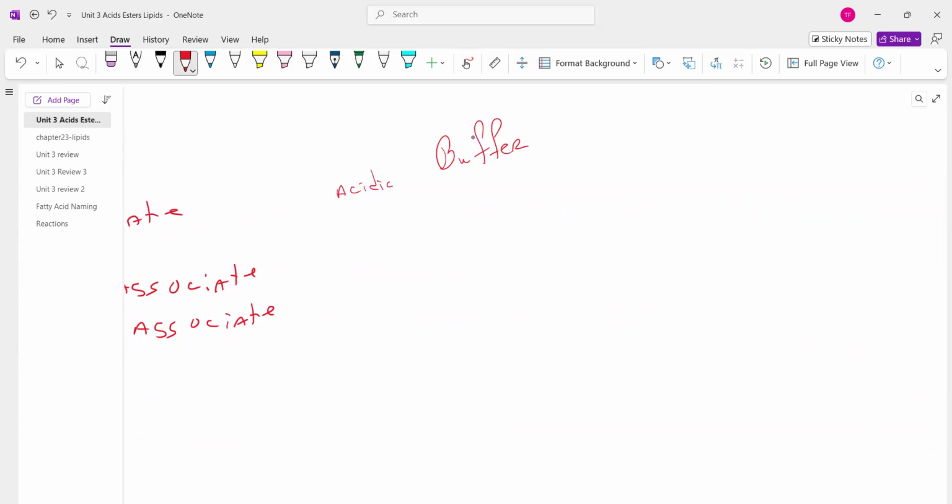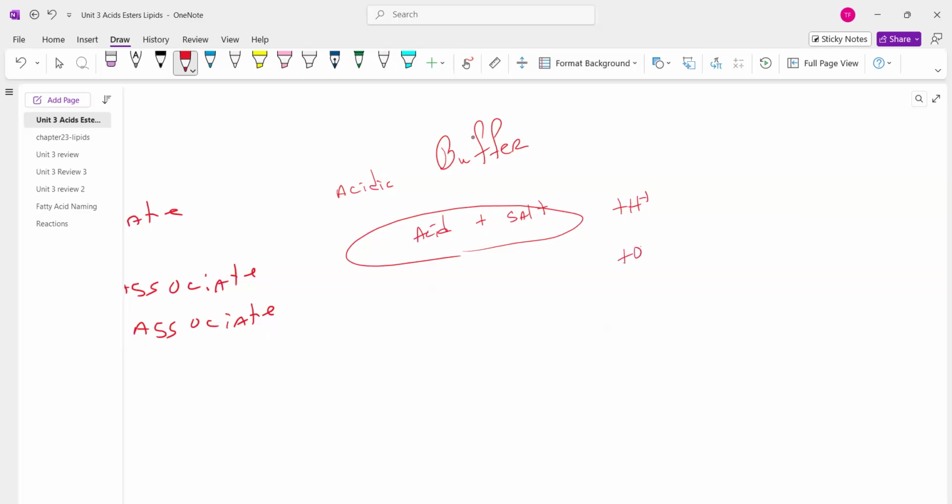There are all kinds of buffers in life. The acidic buffer is a combination of, like I was saying a few minutes ago, an acid plus its salt. If you have a buffer set at a certain pH, could be pH 8 or something like that, and you throw in an acid, it absorbs it and maintains that pH.